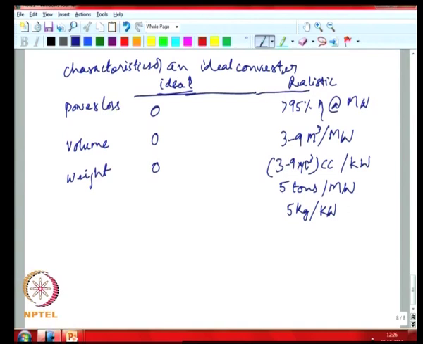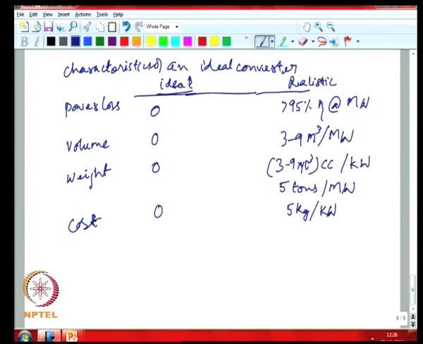If you look at the cost, your ideal cost is 0. If you look at the cost which might be realistic, again it depends on the application.